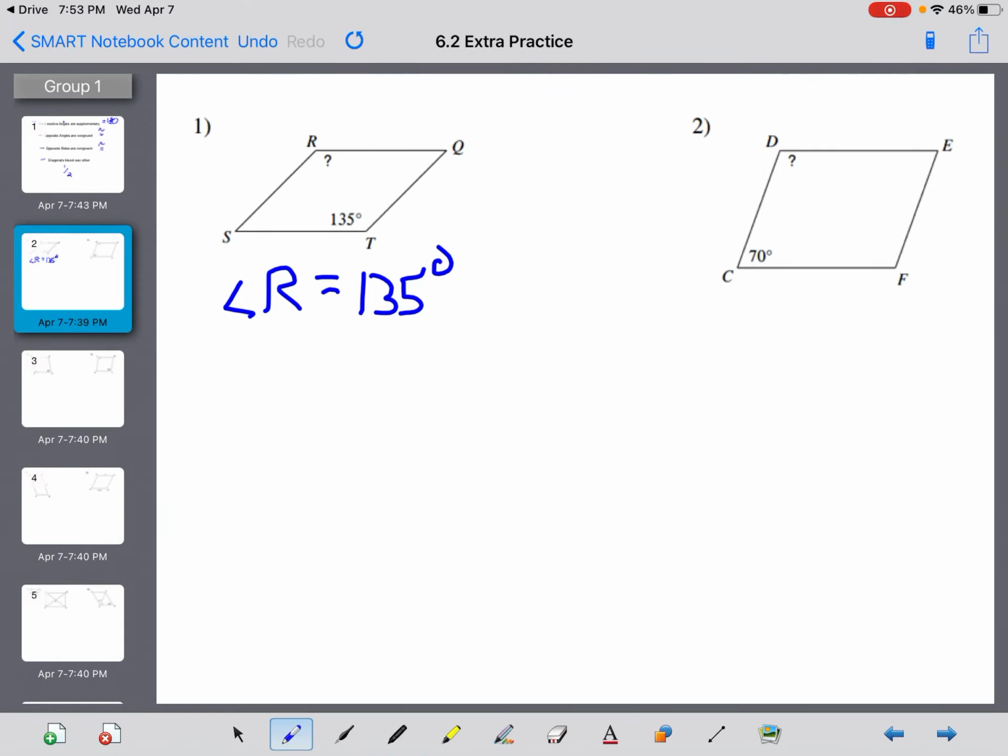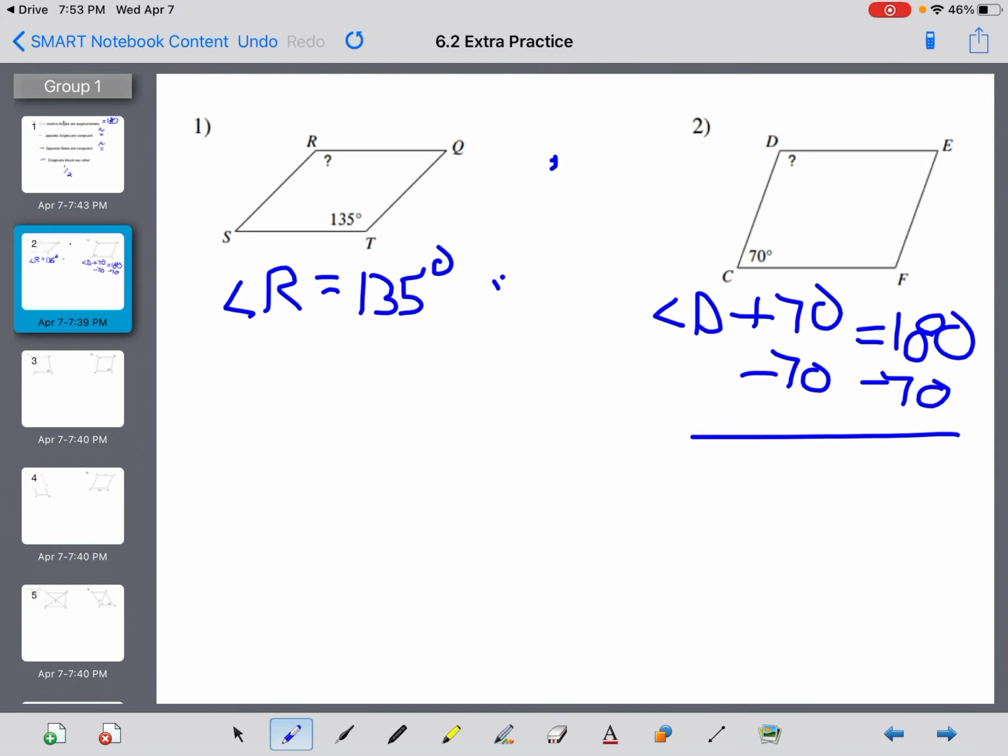But for number two, we have angle C and angle D. Those are consecutive, which means they have to add up to 180. Okay, so I'm going to call angle D plus 70. You're going to subtract 70 on both sides. 70s cancel, and angle D is equal to 110 degrees.